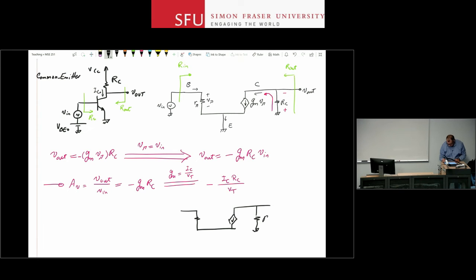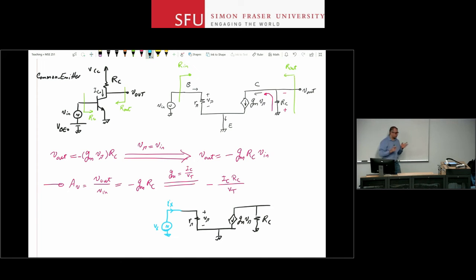And in this case, because I'm only measuring the input resistance, I really do not have an output. So this is the circuit, and I go and attach my test source. Let's call it Vx. And I measure Ix. The ratio of Vx to Ix will give me the input resistance.